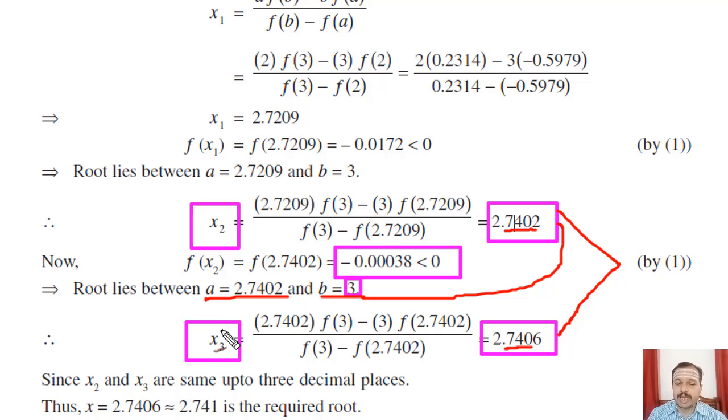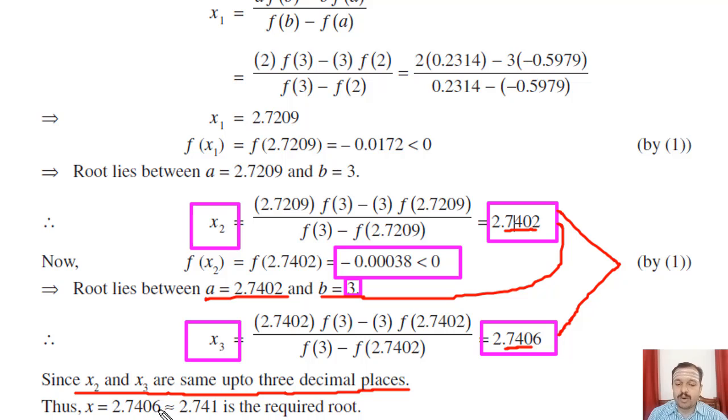So therefore, we can stop at this iteration, and since x2 and x3 are the same up to 3 decimal places, we can consider x equal to 2.7406, which we obtain in the third iteration, as the desired root.